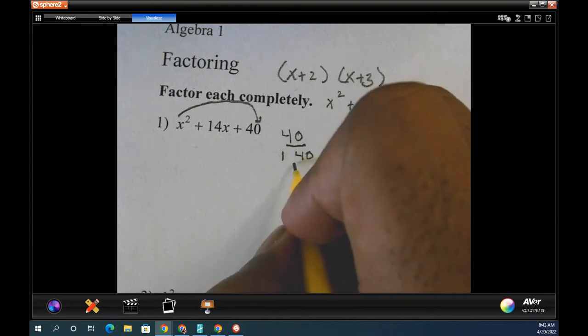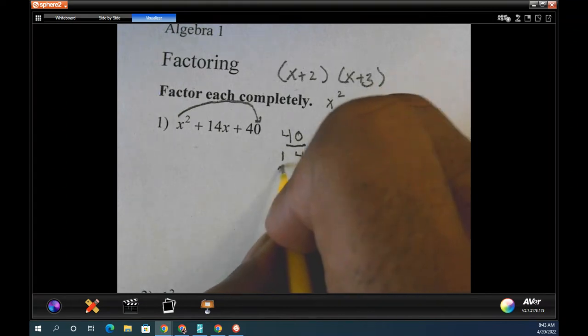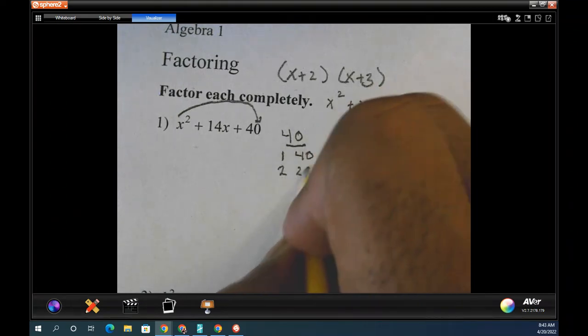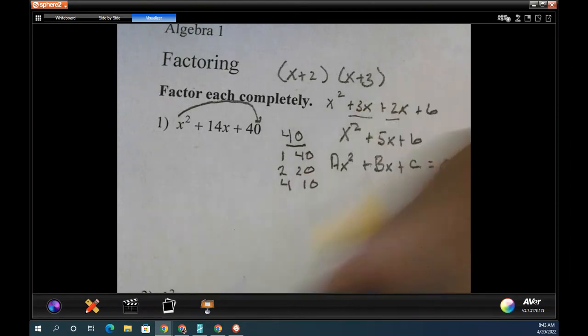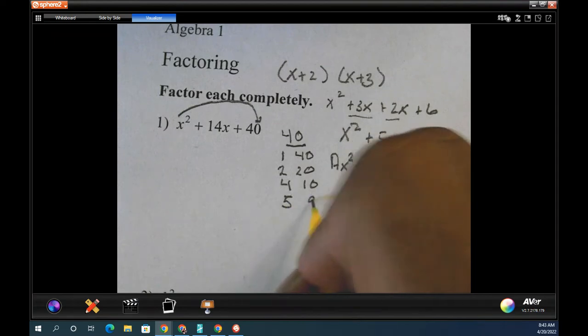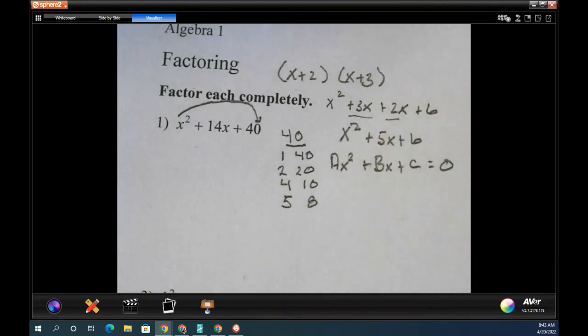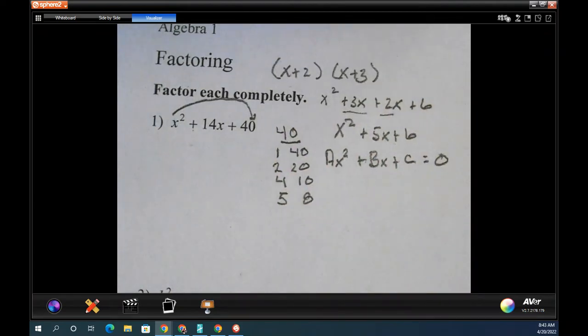Always start with 1 in the number. We saw 2 and 20, 4 and 10, and 5 and 8. That's it. Now, all the problems we're starting with are going to be what I call plus plus. I like to start with those because they're easier.